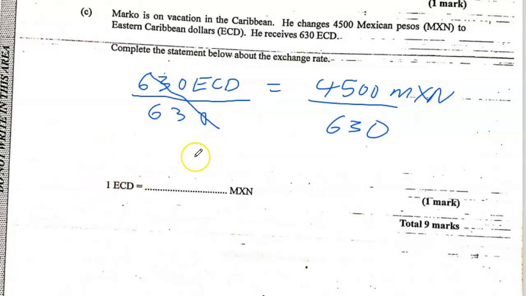So 1 Eastern Caribbean, and then 4,500 divided by 630, that's equal to 7.14. So 1 Eastern Caribbean dollar is 7.14 Mexican pesos.